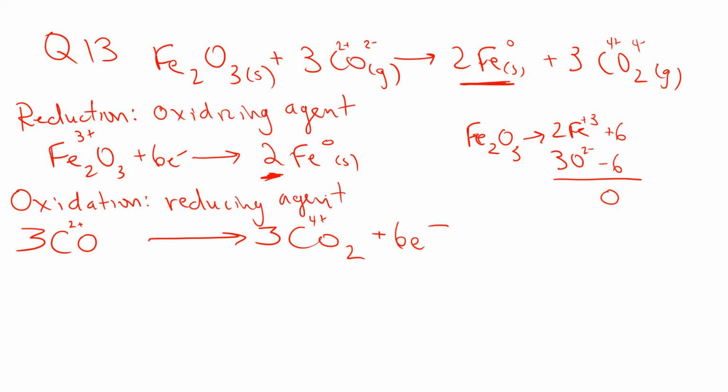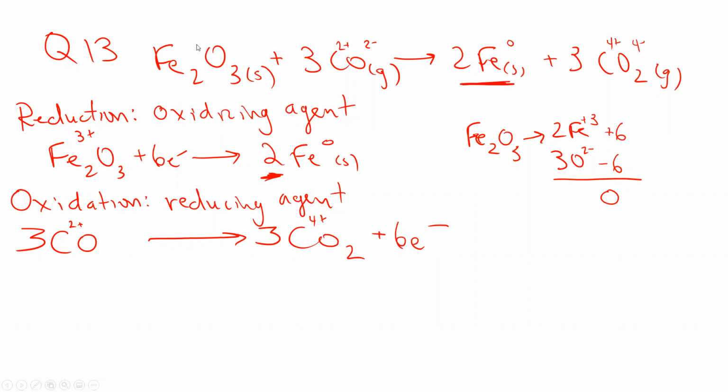It's causing reduction by getting oxidized itself. Think about oxidation as creating more bonds with oxygen, going from CO to CO2. Typically, when you're adding more oxygen, you're oxidizing that. So we're oxidizing carbon, and carbon monoxide is our reducing agent.